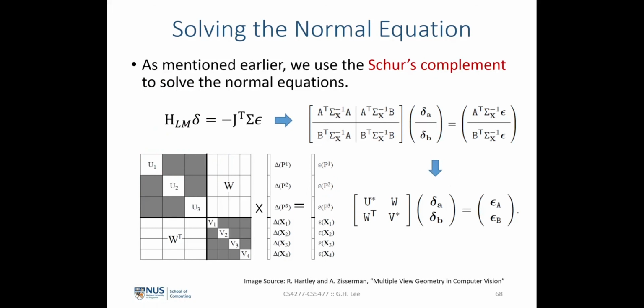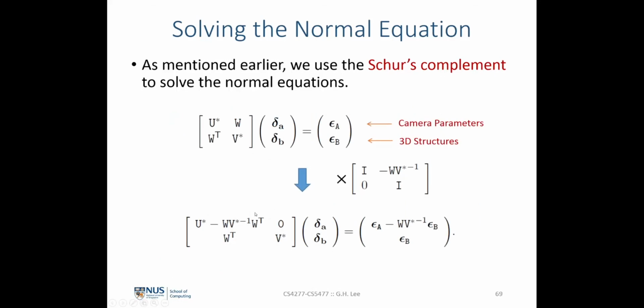And as mentioned earlier on, once we have computed the Hessian matrix and the Jacobian matrix that we have seen earlier on, it's equivalent to this structure, which is represented by this diagram. We can see that W and W transpose are just transposes of each other, and the diagonal is actually a sparse matrix, and we can rewrite this into this form that we have seen earlier when we looked at the sparse Levenberg-Marquardt algorithm.